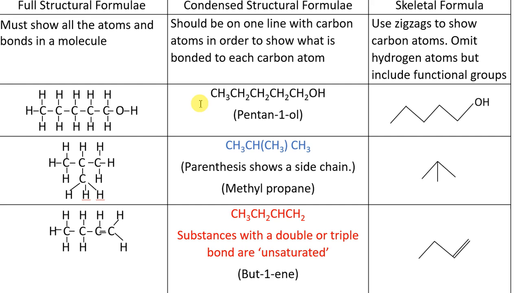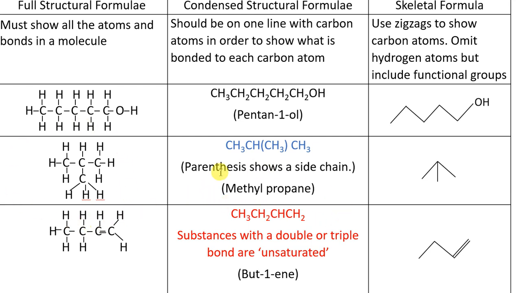I wouldn't be wrong to say CH3, CH2 in parenthesis 3 times, CH2OH. My skeletal formula uses the zigzags to show the carbon atoms. Omit the hydrogen atoms. Again, we know they're there, but include the functional groups. From the bottom, that's 1, to the top, that's 2, bottom 3, top 4, bottom 5, and then the OH, pentan-1-ol.